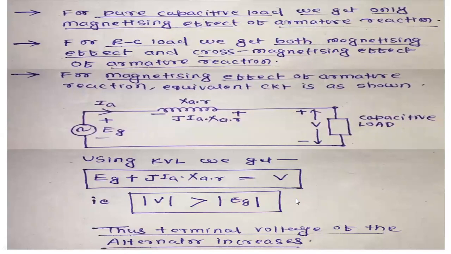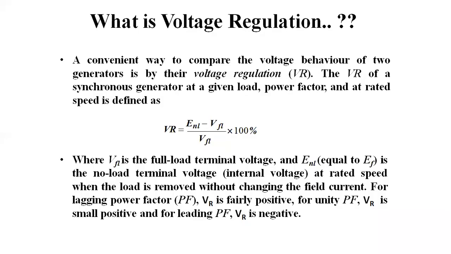It mostly depends on the armature reaction, because if the temperature is constant, more or less the internal resistance of the alternator as well as the armature reactance R_A and X_A is almost constant.